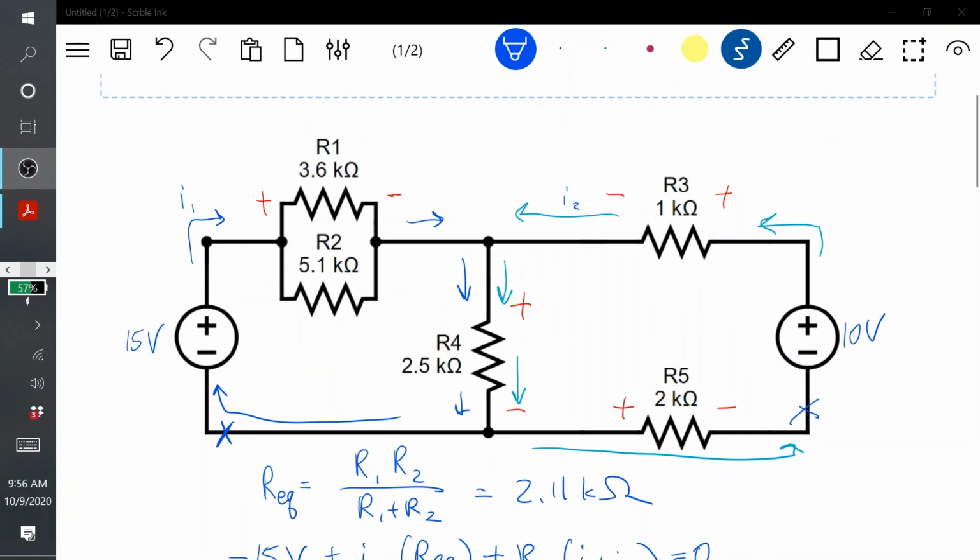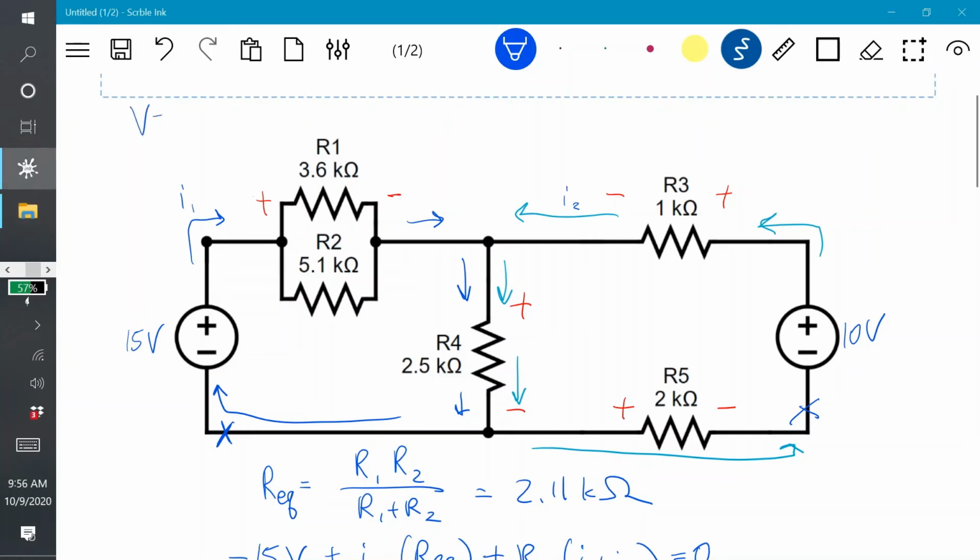Alright, so now let's find the voltage across all the resistors. We know that V equals IR, so it should be pretty easy for us. We already found the current running through I1, I2, and then the currents for these two resistors. So let's try it out.